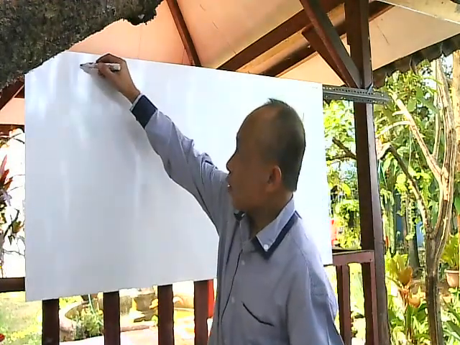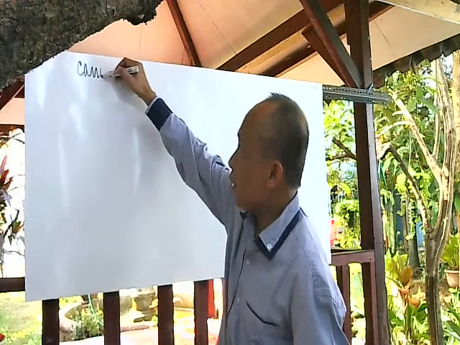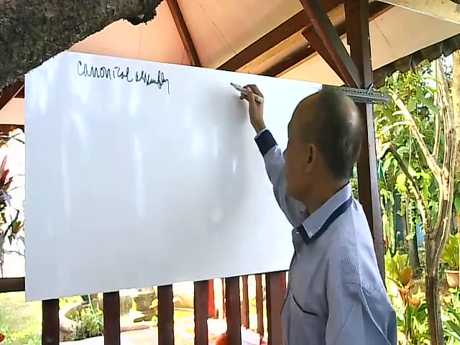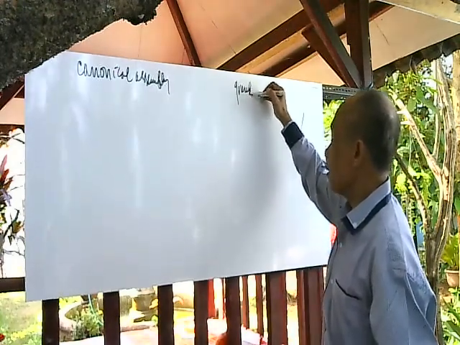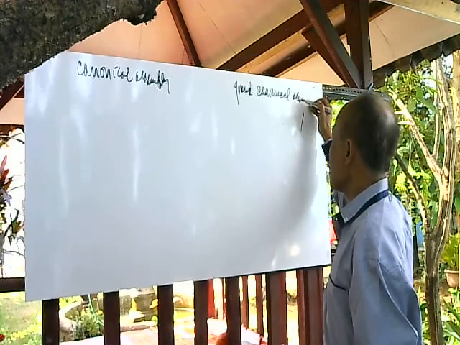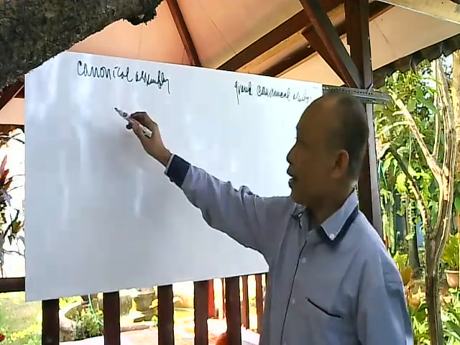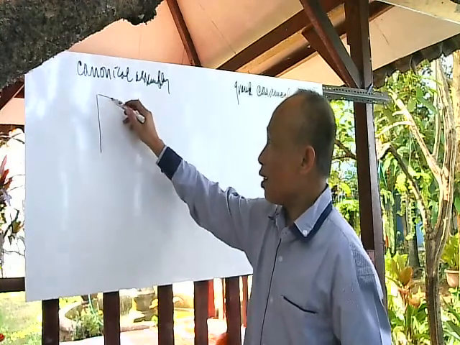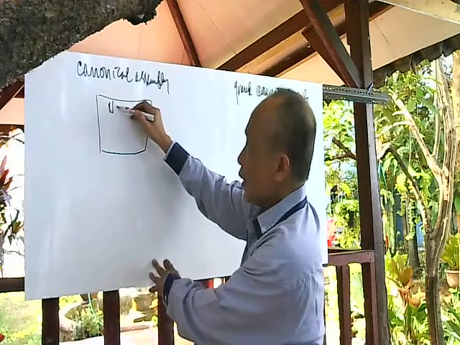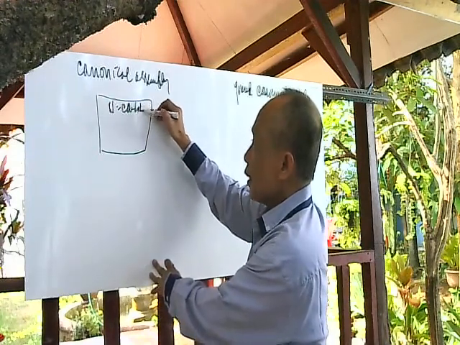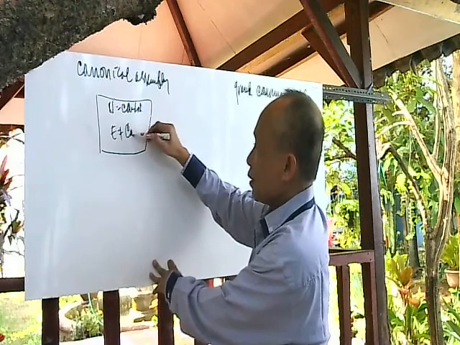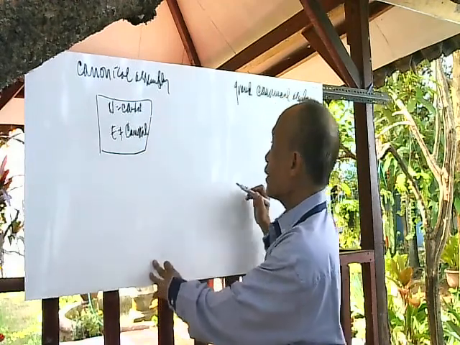We compare the condition of canonical assembly here, and this is grand canonical assembly. We have understood that in canonical assembly, the number of particles is constant, but the energy of the assembly may change, is not a constant.